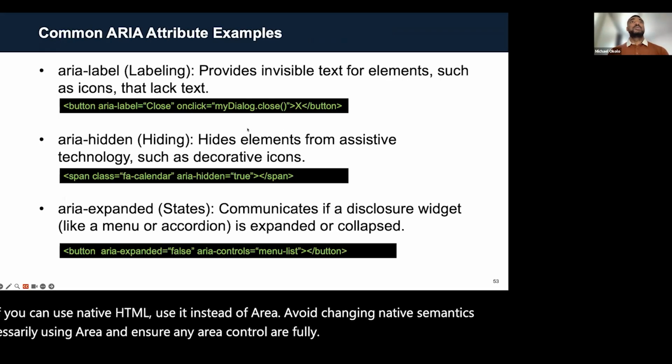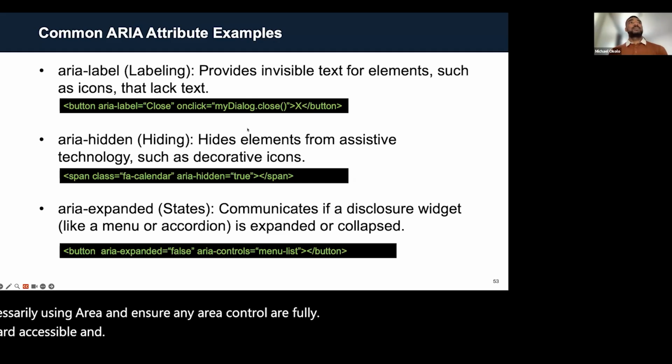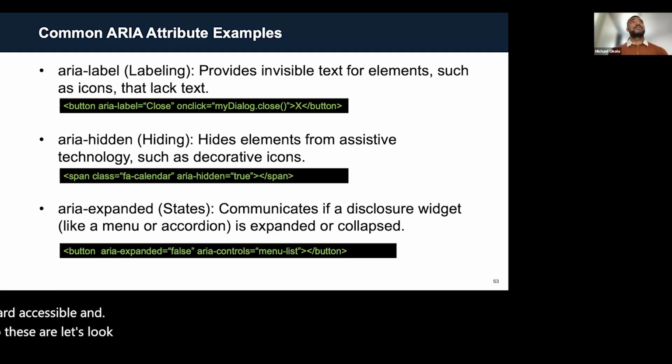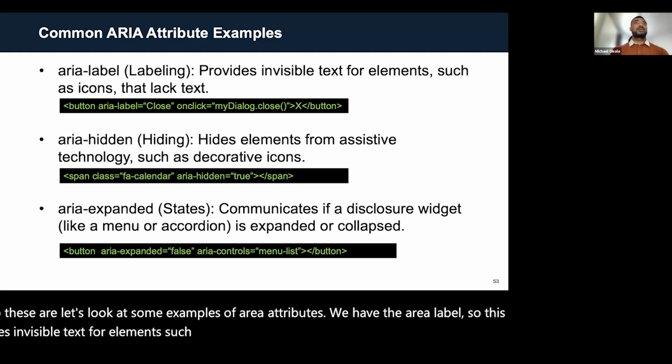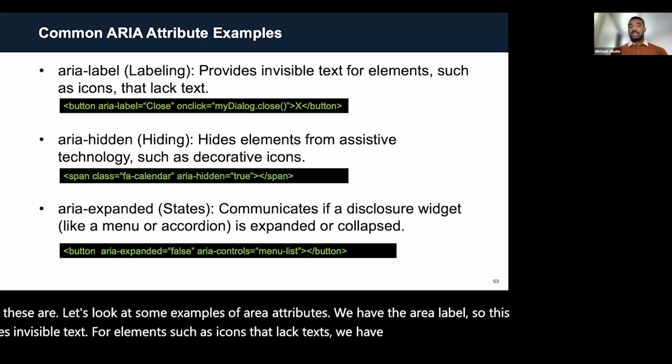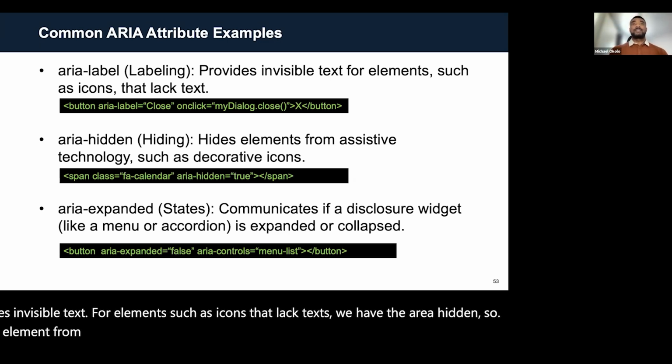And yes, so let's look at some examples of ARIA attributes. We have the aria-label. This provides invisible text for elements such as icons that lack text. We have aria-hidden, which hides elements from assistive technologies, such as decorative icons.